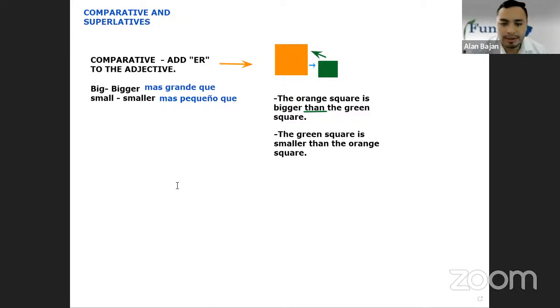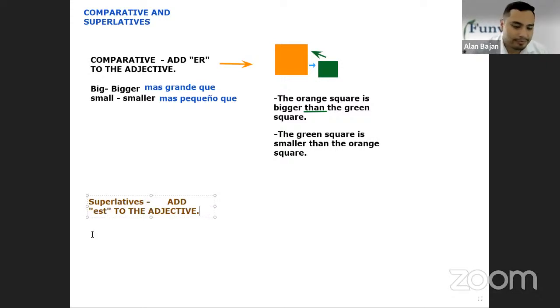And for the other side, we have the superlatives. Superlatives. The original rule for the superlatives is add est to the adjective.